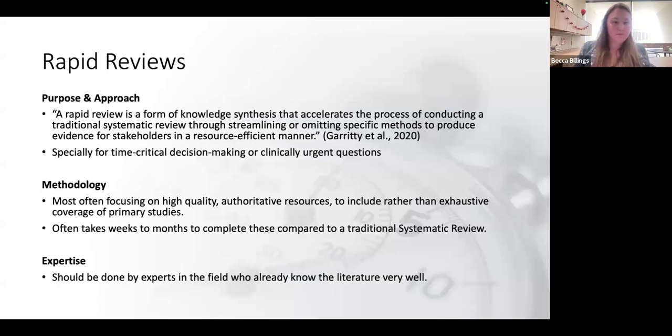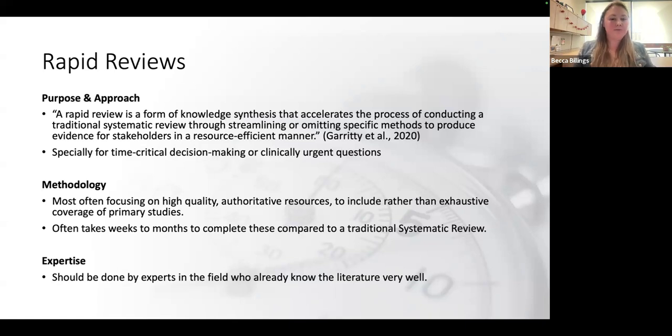It's very rigorous. And a couple of shortcuts that they might take in a rapid review is they're only maybe searching in one or two databases, where in a traditional systematic review, you would be looking at 5+. You might not have multiple screeners at every single stage. Or another big one is you're often only looking at very high level studies.